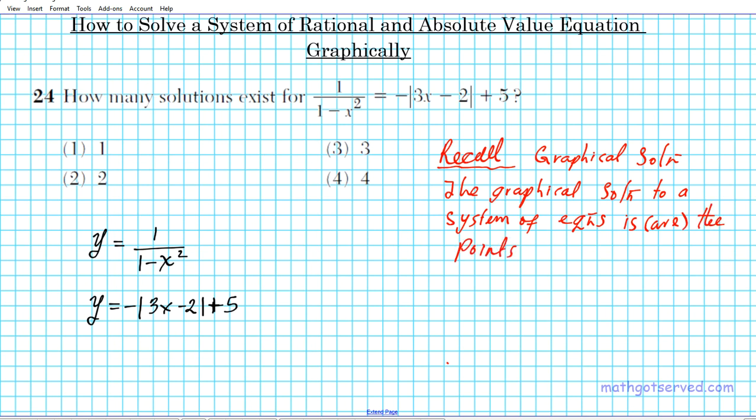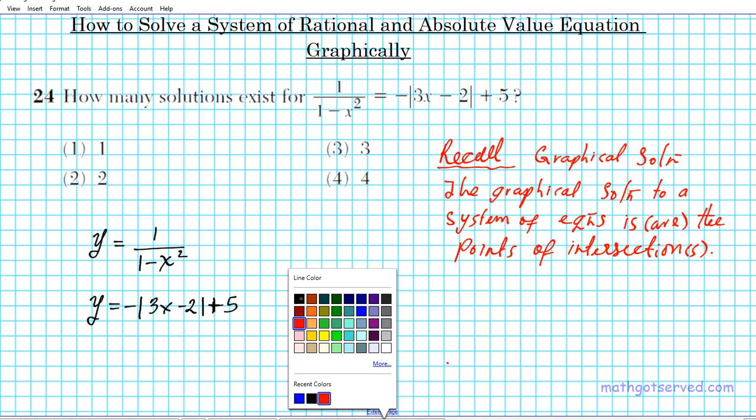Wherever you have a point of intersection between the two or more functions that you graphed, those points of intersection represent the solutions.